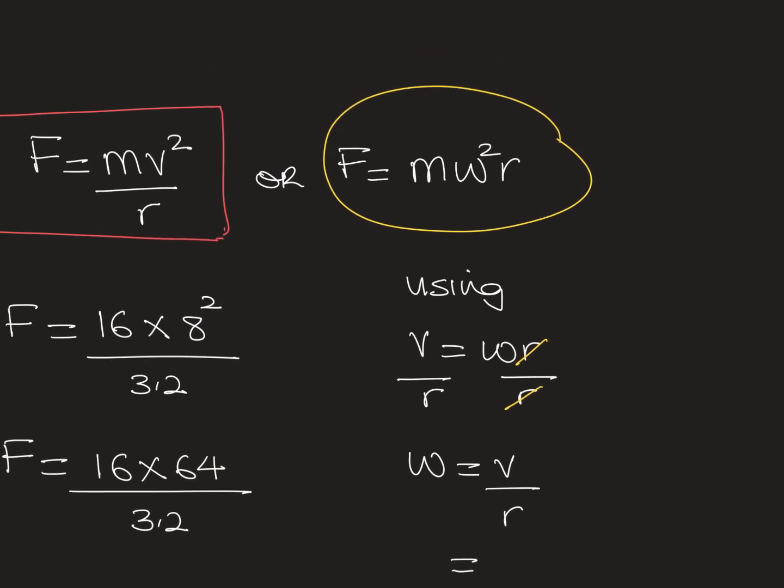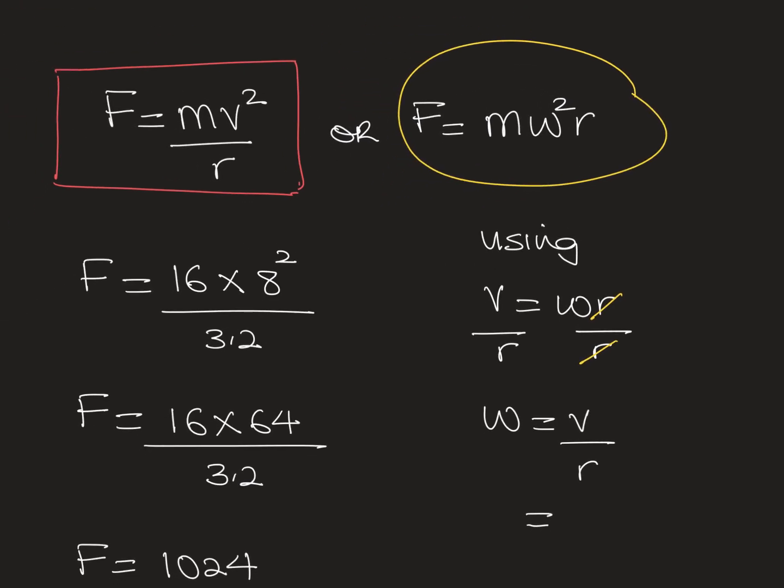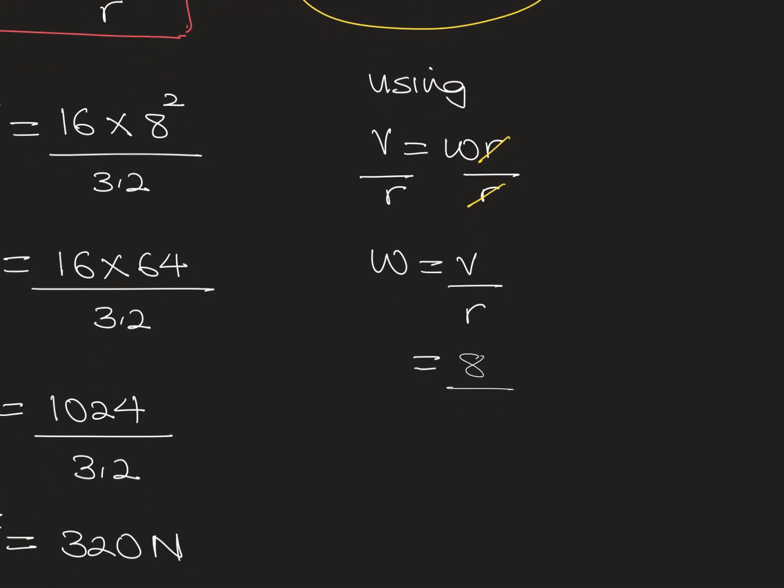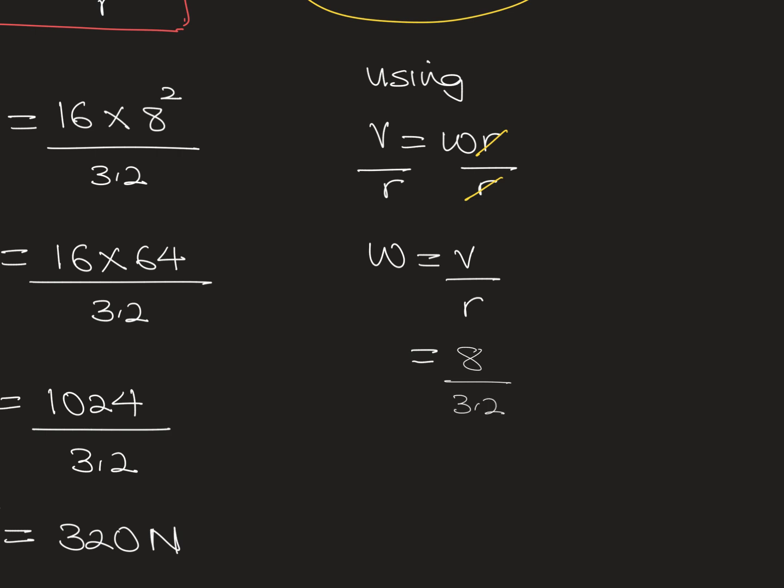The linear velocity is given in the question as 8 meters per second divided by the radius of 3.2. So 8 divided by 3.2, you get 2.5, which means the angular velocity is 2.5 radians per second.